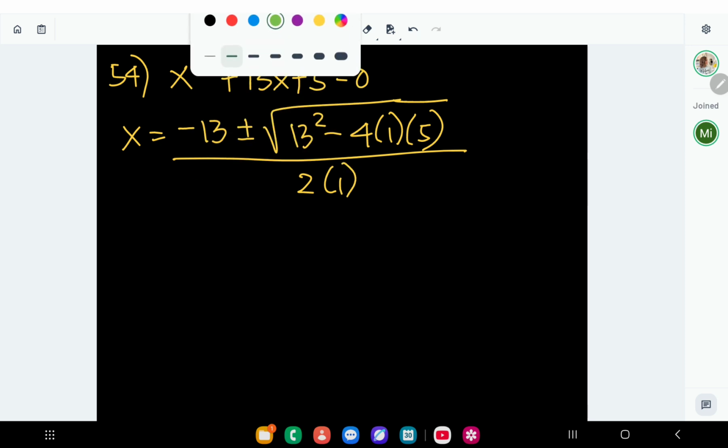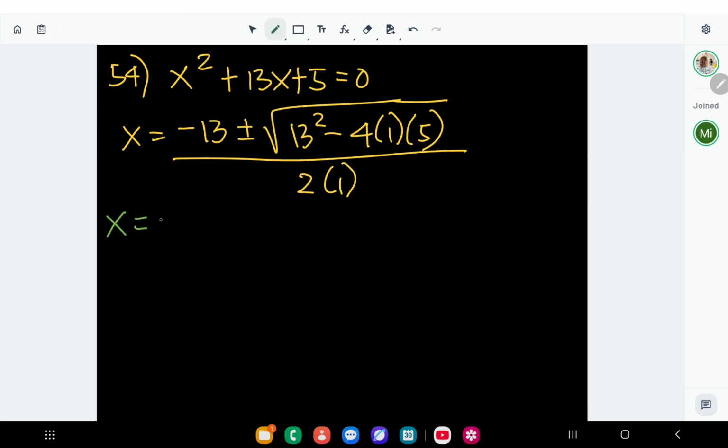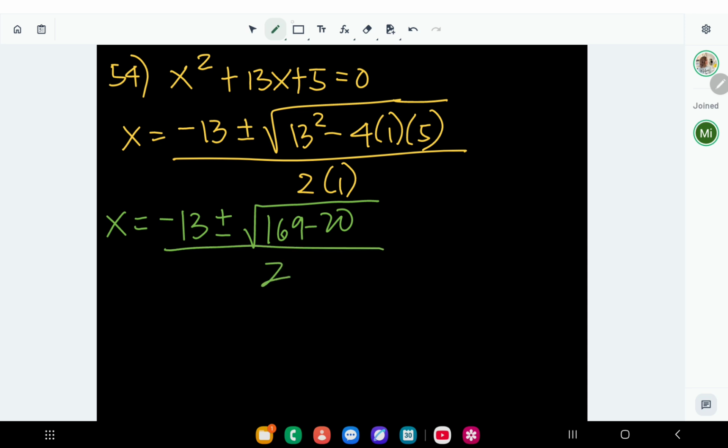Okay, and then we simplify. So x is equal to negative 13 plus minus the square root of, what is 13 squared? 13 times 13. Okay, so that is 169 minus 20, over 2.